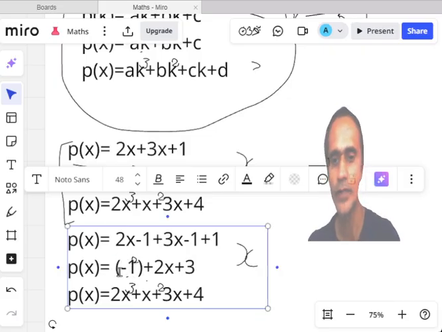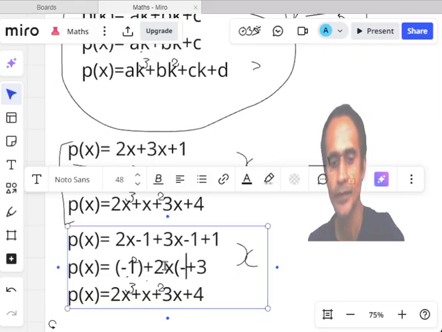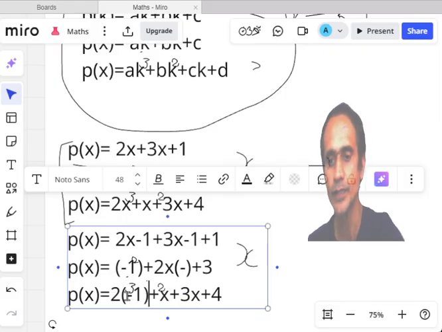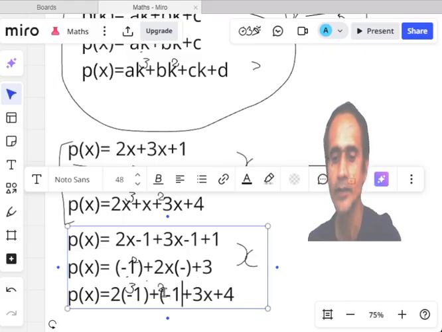So it is the square of minus 1. Then here it is 2 into minus 1. Here it is cube of minus 1, and here square of minus 1.